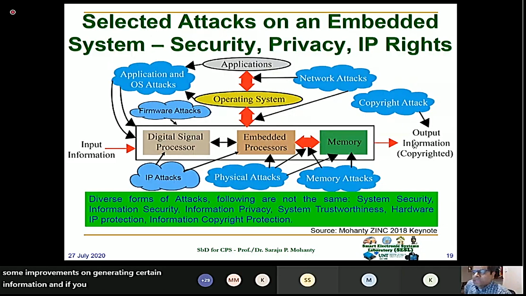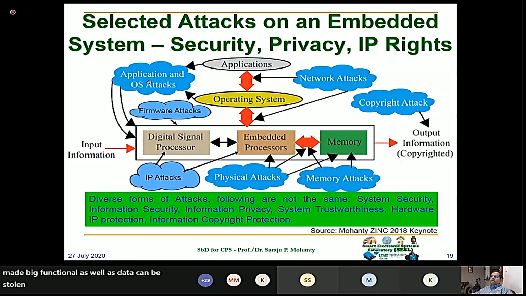And if you see this hypothetical system, the attacks are of a variety of types. It starts from physical attacks here, like side channel and so on. Then firmware attacks can happen, and memory can be attacked. If memory is attacked, the system can be made dysfunctional, and data can be stolen.